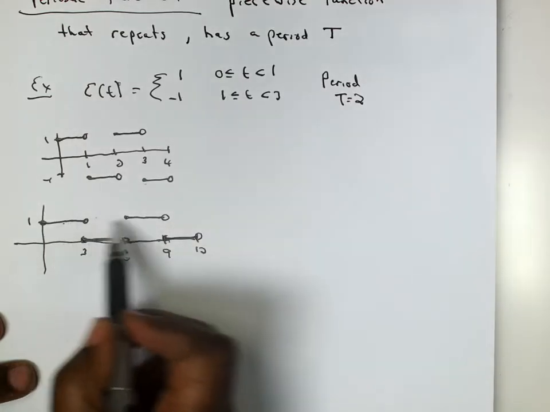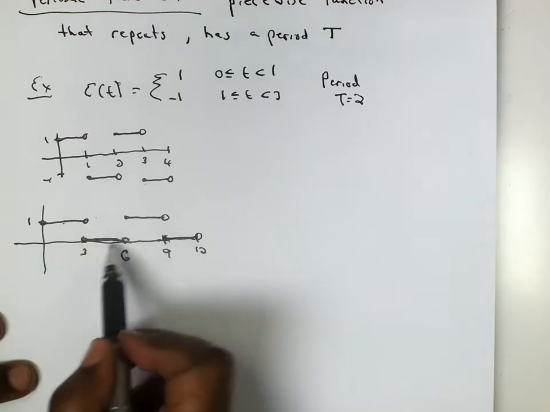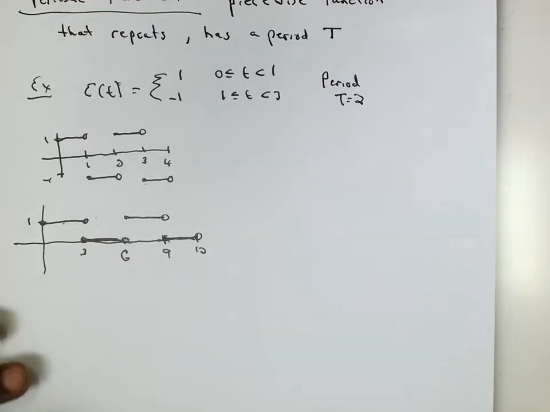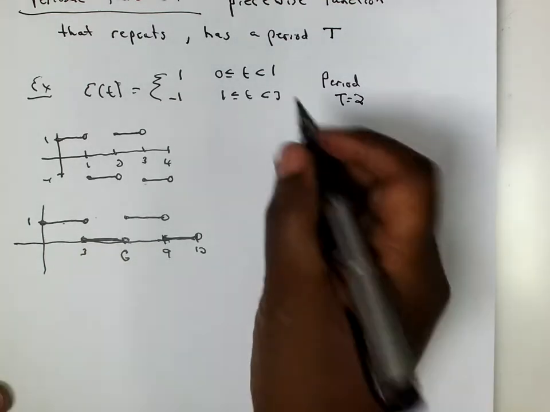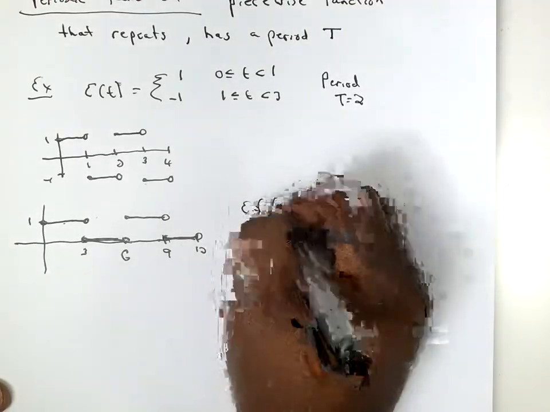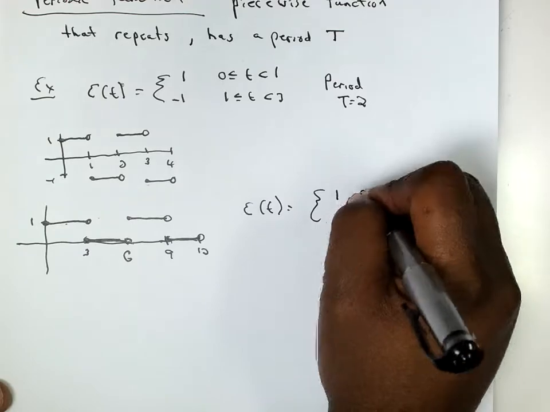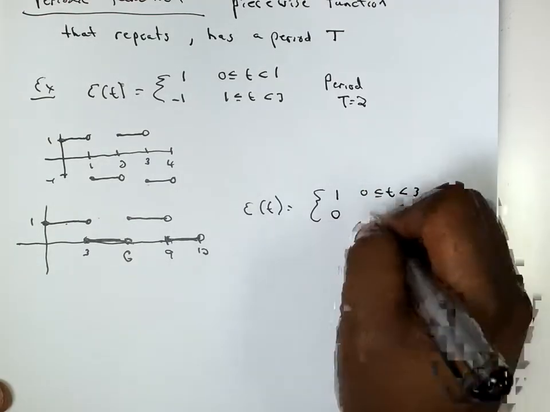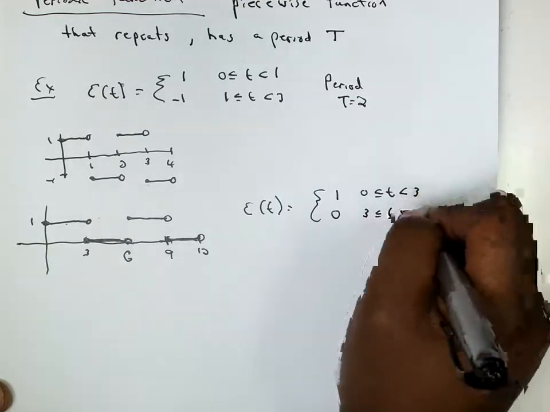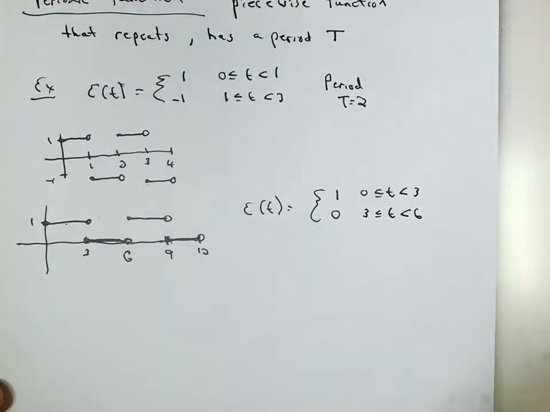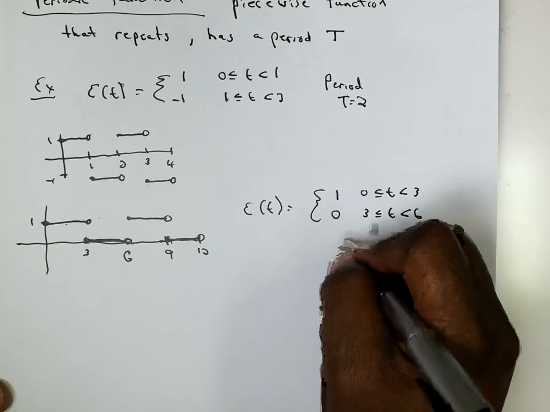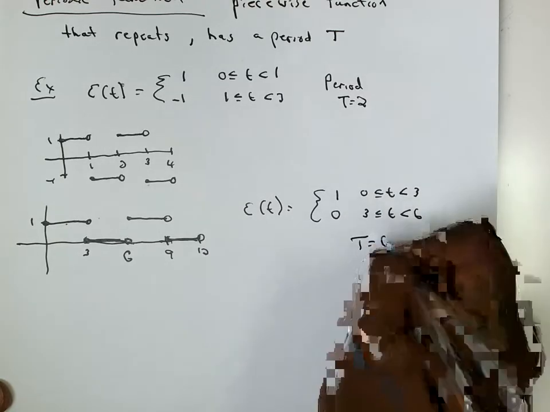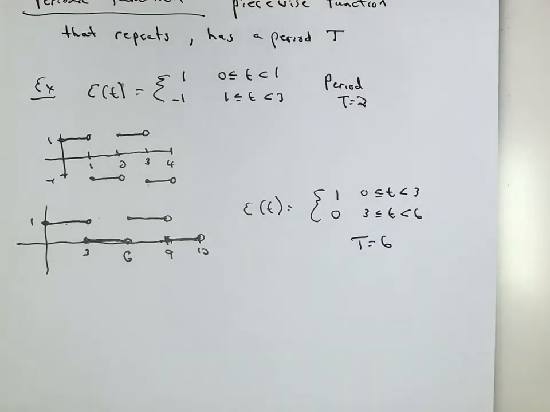So it's on in these sections, and it's off in the other sections. So that function would be 1 for 0 less than or equal to t less than 3, and 0 from 3 to 6, and then it repeats, so therefore it took till 6, so my period for this one is equal to 6.